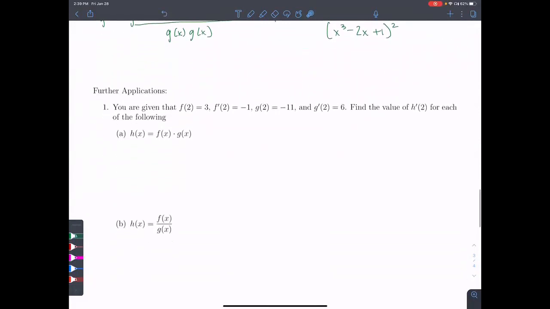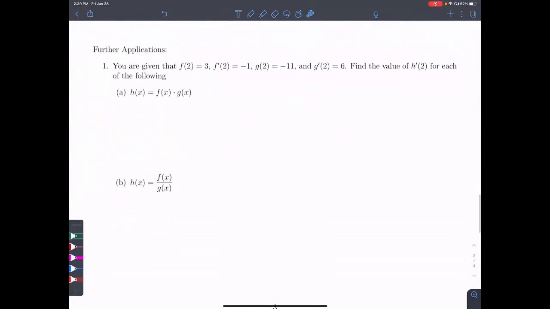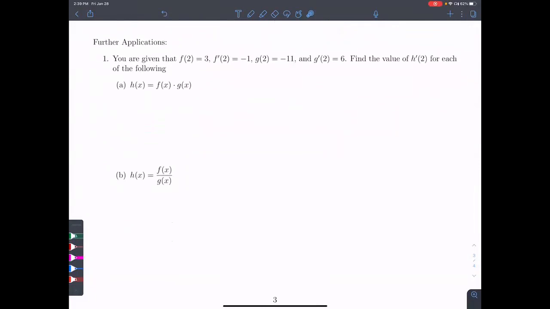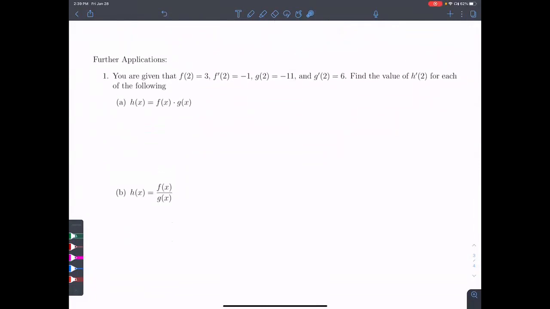Okay. So if we want to do some sort of application problems for that, we're given here that f of 2 is 3, f prime of 2 is -1, g of 2 is -11, and g prime of 2 is 6. We want to find the value of h prime for each of the following. So just stick to the rules here.